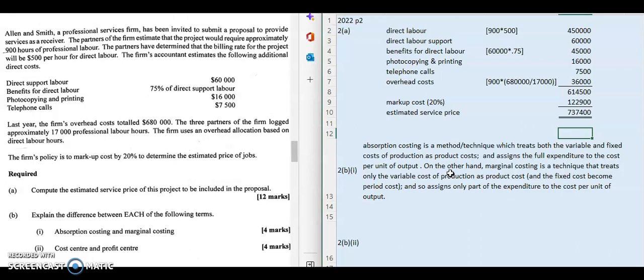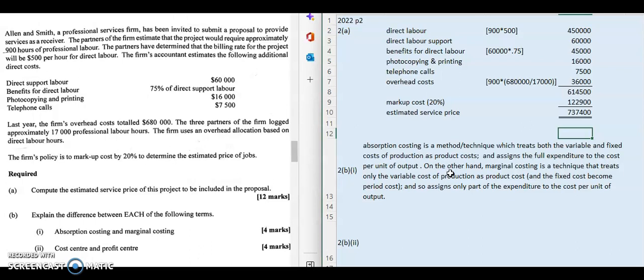On the other hand, marginal costing is a technique that only treats the variable cost of production as a product cost and transfers the fixed cost to the period cost of the business.